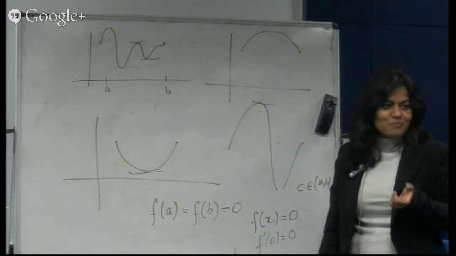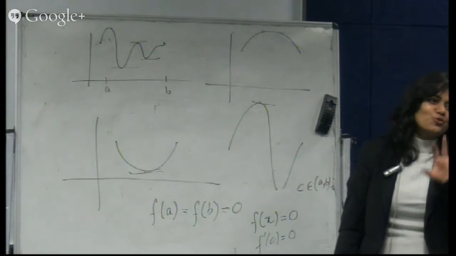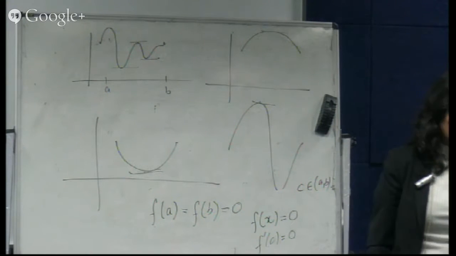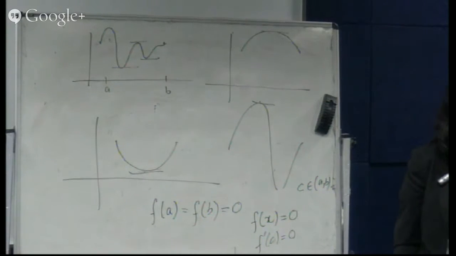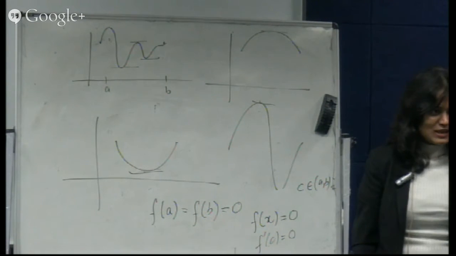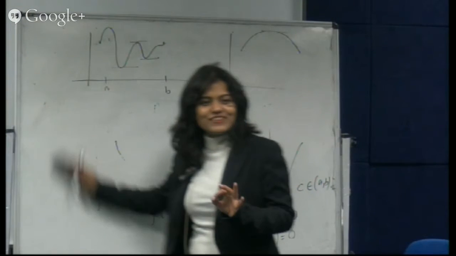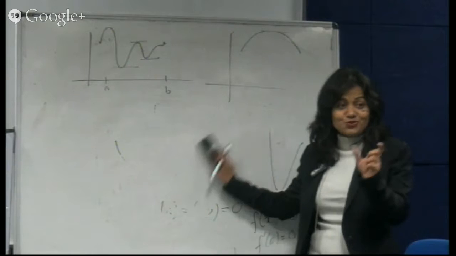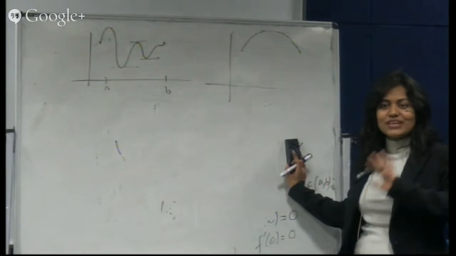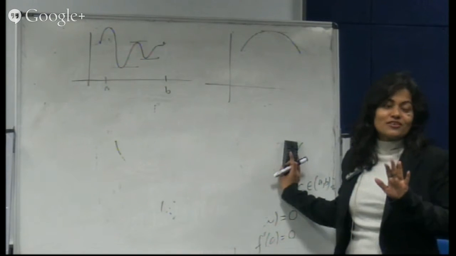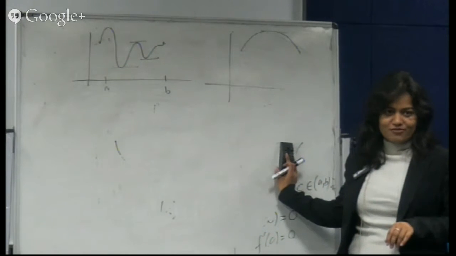Okay, but this doesn't mean that between two roots of f' you will necessarily have a root of f(x). It doesn't mean that. But it does mean that between two consecutive roots of f'(x), you cannot have more than one root of f(x).